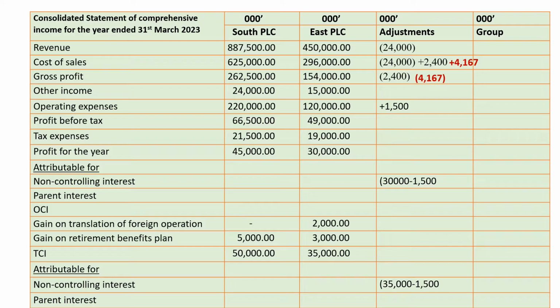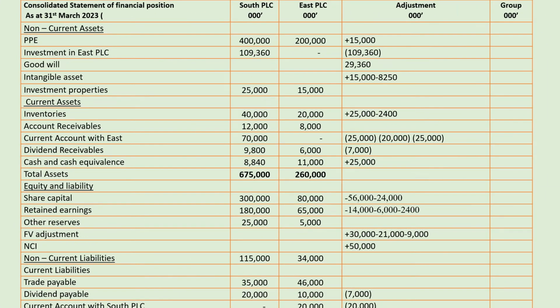So if you are doing it in the mathematical form, there is no need to deduct it from the gross profit. It automatically comes when we deduct the cost of sales from the revenue. But if you are doing line-by-line consolidation, then you have to remove it from the gross profit. So the profit attributable to goods in transit is removed from the inventories in the consolidation. At the same time, it has to be removed from the consolidated retained profit.